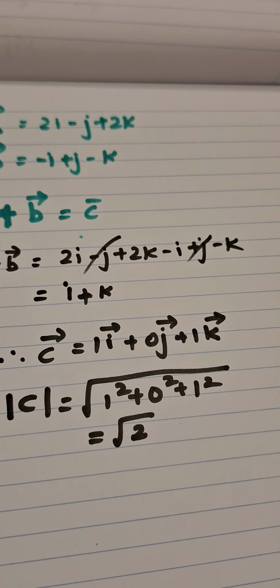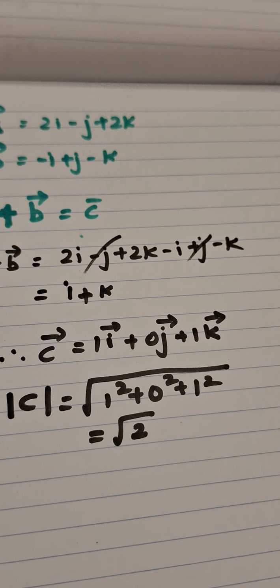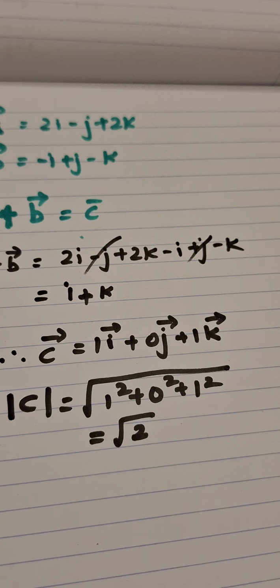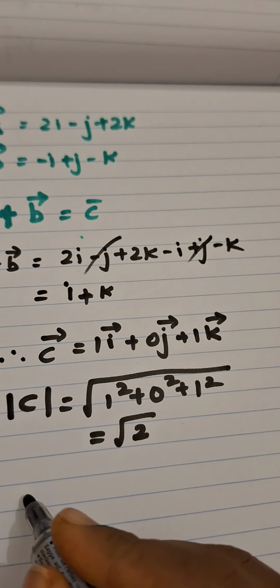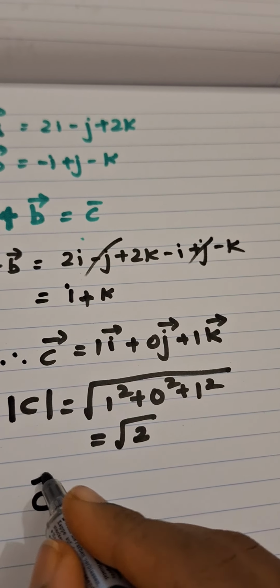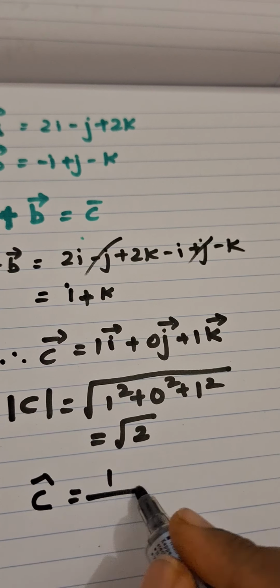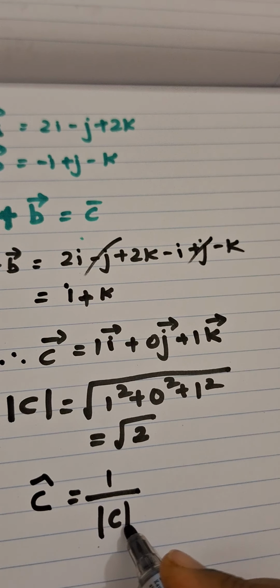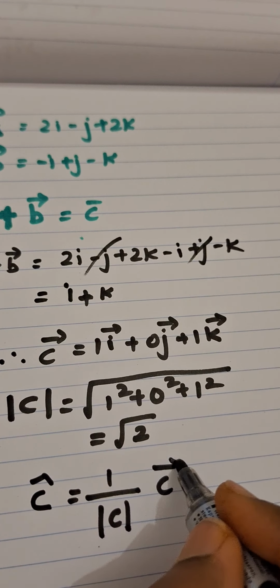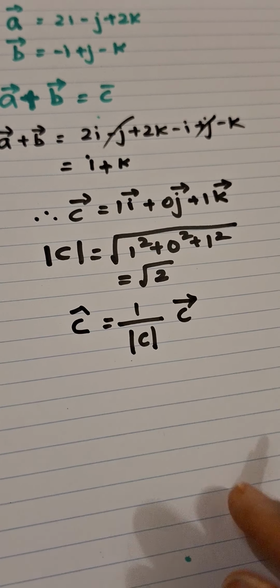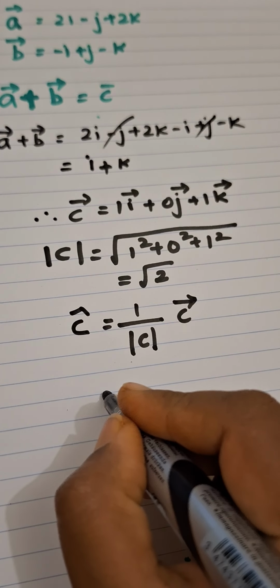So how to know? To find the unit vector of c, it is 1 by magnitude of c with its direction.